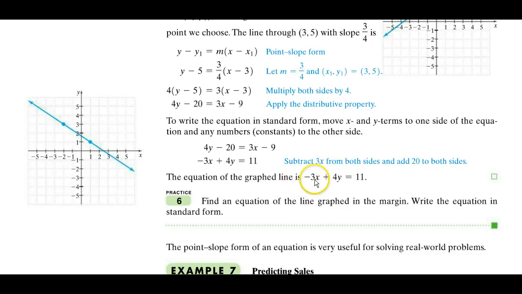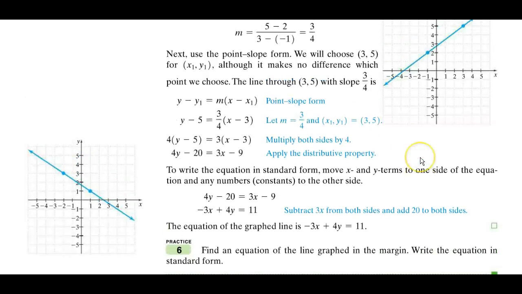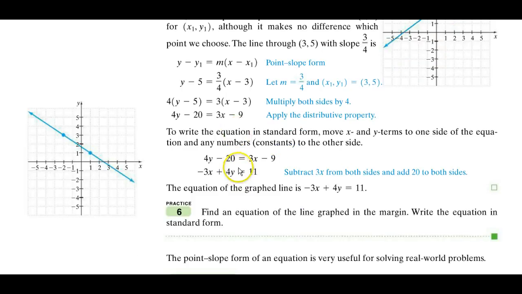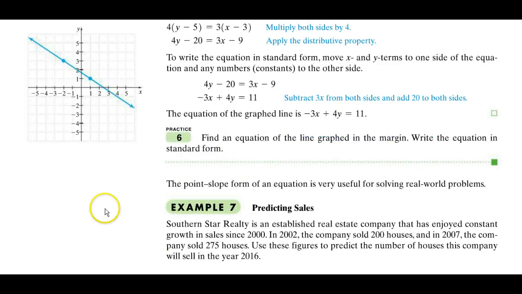Now this one happens to be in standard form. And notice the Y-intercept over here is not on a grid point. And neither would it be here. So that one would be kind of challenging. If we were on the grid point, we could pick out our Y-intercept right away. All right, let's go on.